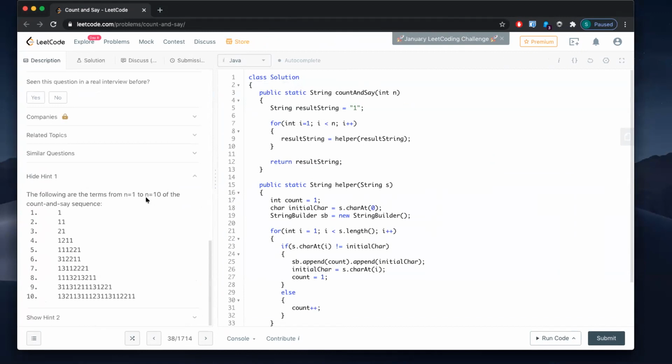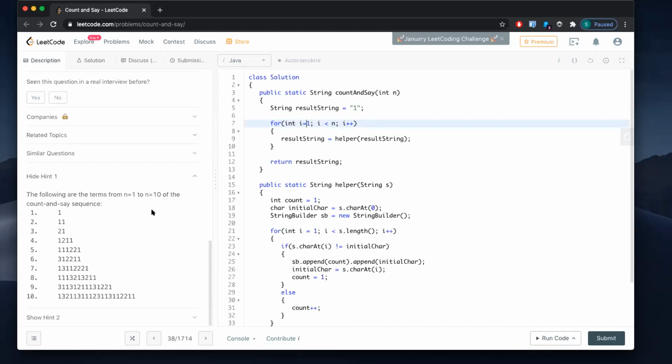So I start with number 1. We know number 1 is a string of just 1. Now I already have what's for number 1, so I have to start from number 2. I say i equals 1, i is less than n, whatever they gave me as input n, i plus plus.